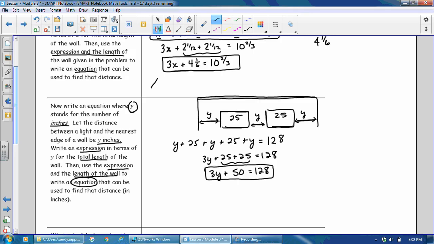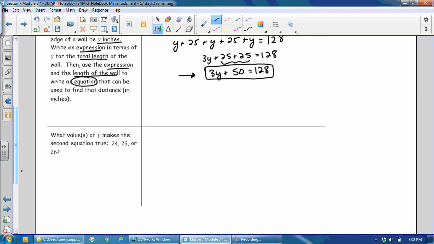The first one will find the answer in feet, and the second one would find the answer in inches. What value of y makes the second equation true? So our second equation is right here, and we're going to write it here. 3y plus 50 equals 128.